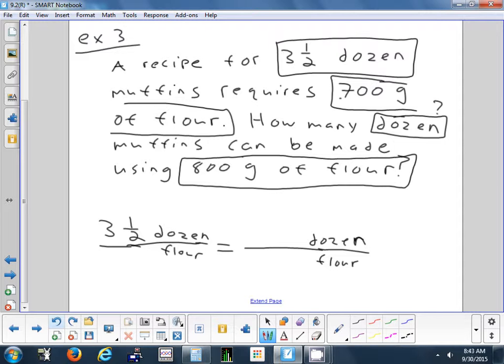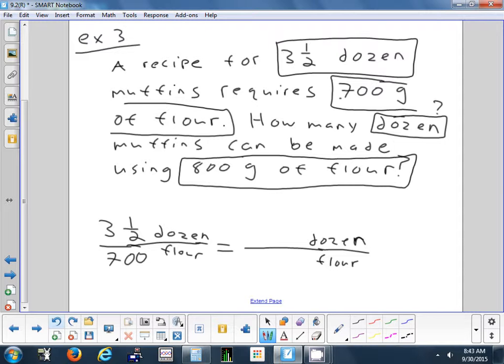That's what we need to fill in right here. 700. Does everyone see where he got that from? 3.5 dozen requires 700 of the flour. Okay, so that's our left side.